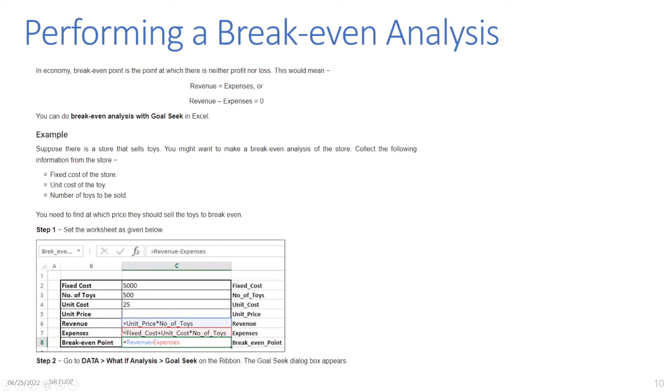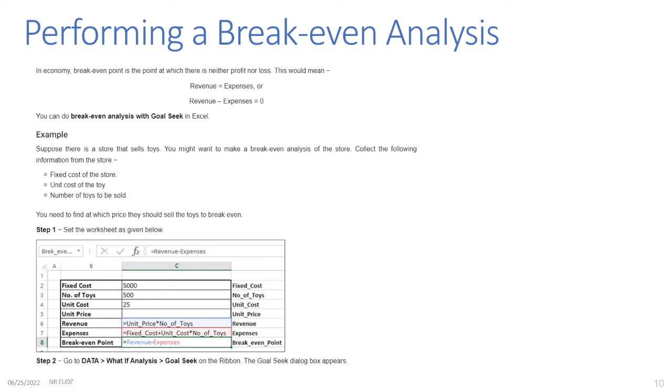Then the revenue is price times number of toys. Expenses equals fixed cost plus unit cost times number of toys. Then the break-even point is equal to revenue minus expenses.